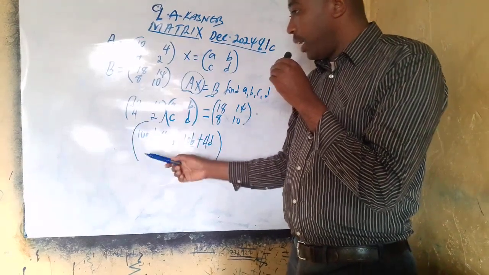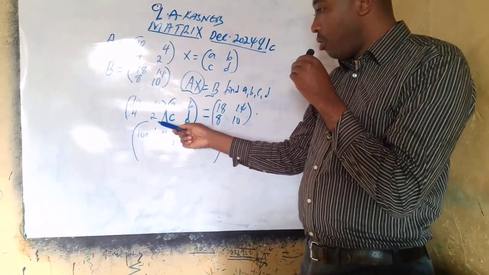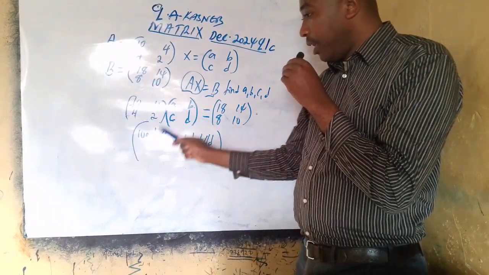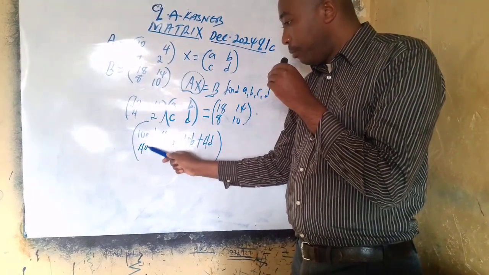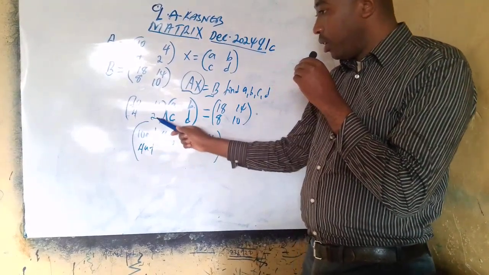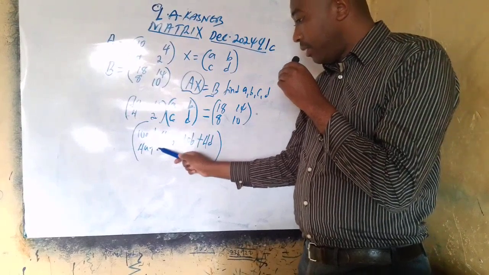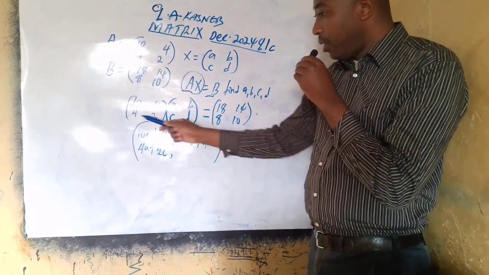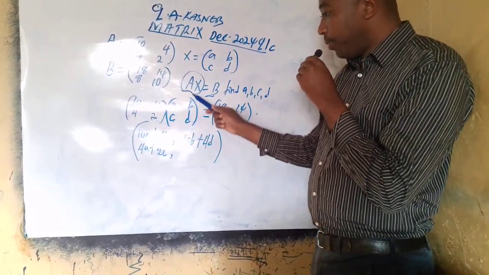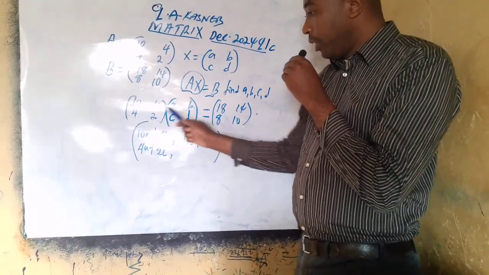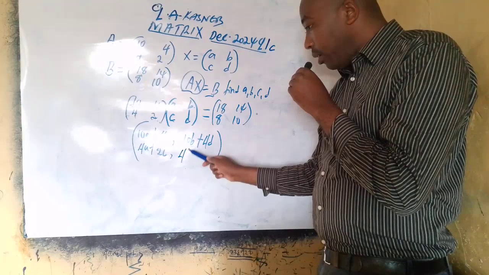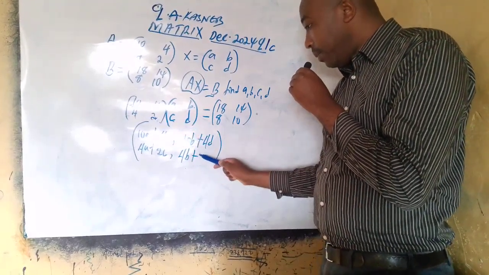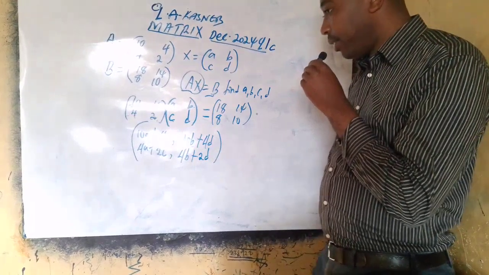We now come to the second row, first column. So 4 times A, that gives you 4A, plus 2 times C, that is 2C. Put a comma there. We have now the second row, second column. 4 times B, we get 4B, plus 2 times D, we get 2D.